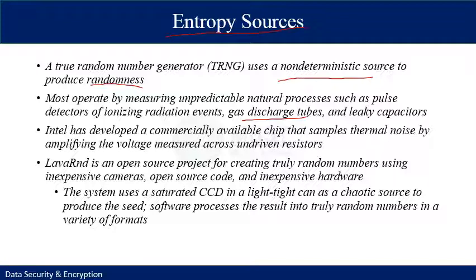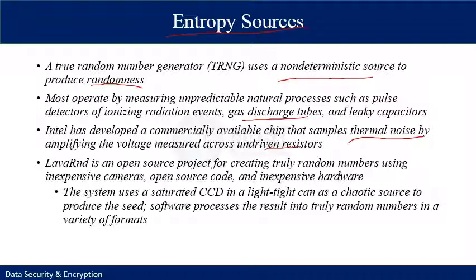You can also use a simple temperature sensor to generate random numbers. Intel has also developed a commercially available chip that samples thermal noise by amplifying the voltage measured across undriven resistors, so it is a good source of random numbers.